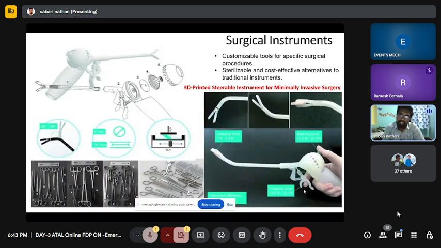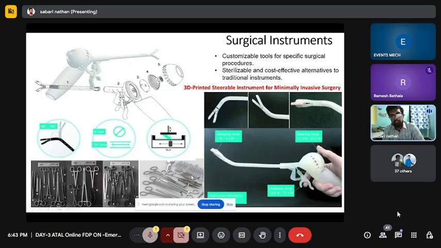Then surgical instruments are also one of the equipment, mostly used for minimally invasive surgeries. Instead of using metal tools, they are using polymer based cutting tools. Only on the edges will they use metals, so the cost of the cutting tool was reduced.